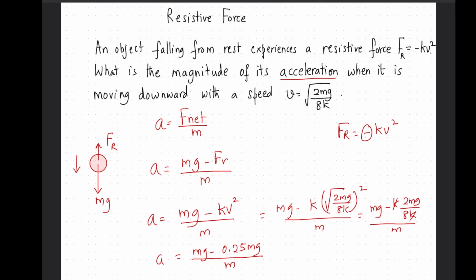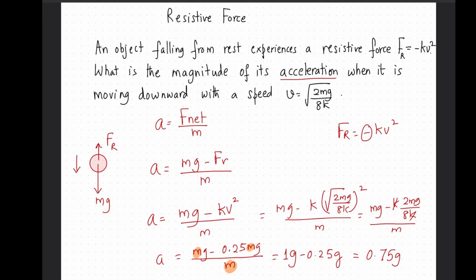So what I did is 2 over 8 is 1 over 4, and that's 0.25. You can calculate on the calculator. m is appearing everywhere. You can see m in every expression, so we can cancel out m. So we'll be left with g minus 0.25 g. g means it's 1, so 1 minus 0.25 is going to give us 0.75 g.